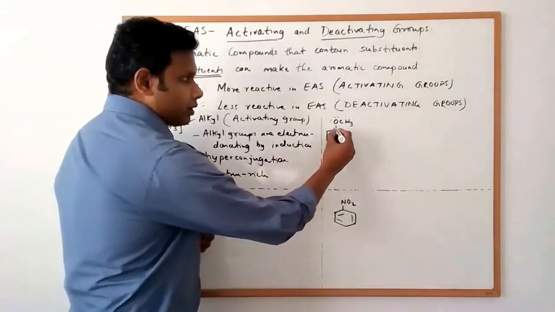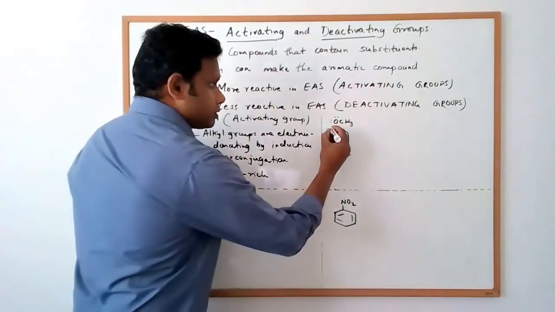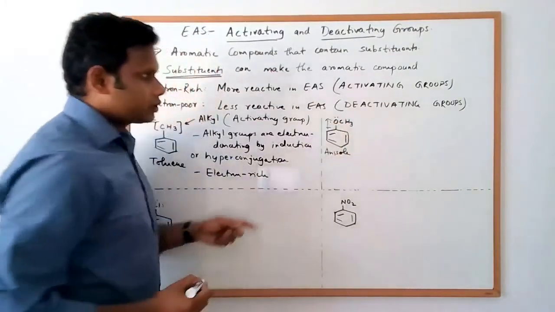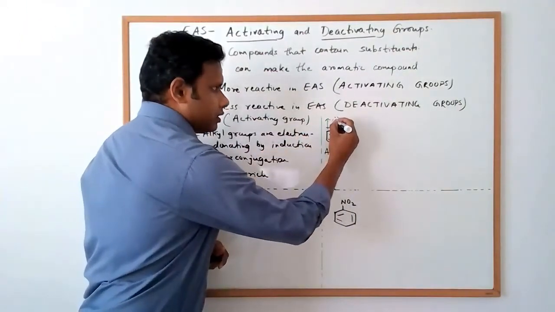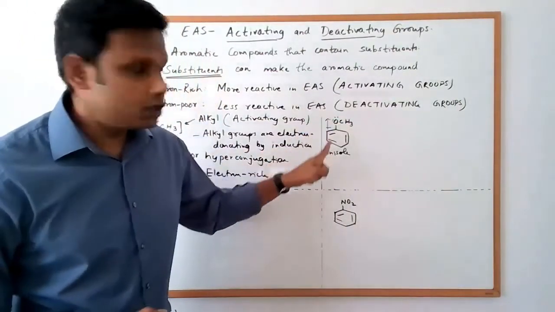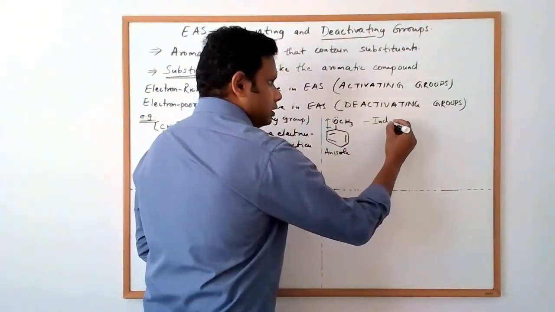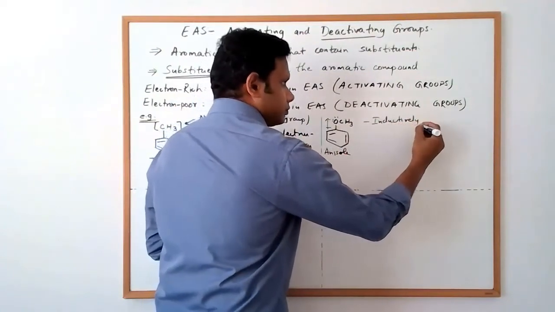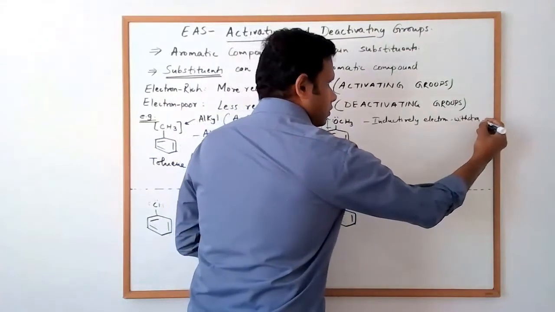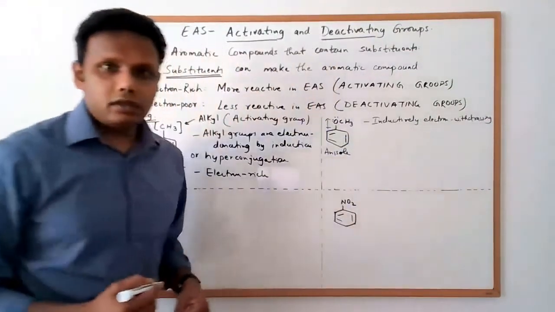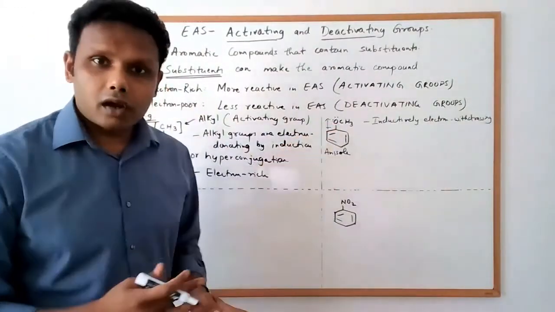So as far as this methoxy group is concerned, it's going to withdraw electron density from the ring inductively. Again, inductively, the methoxy group would be electron withdrawing because oxygen is more electronegative than the carbons.